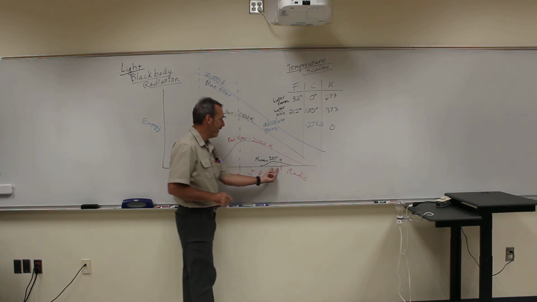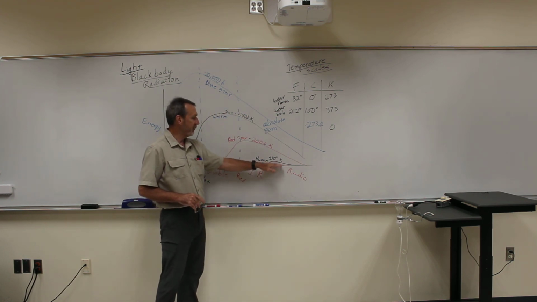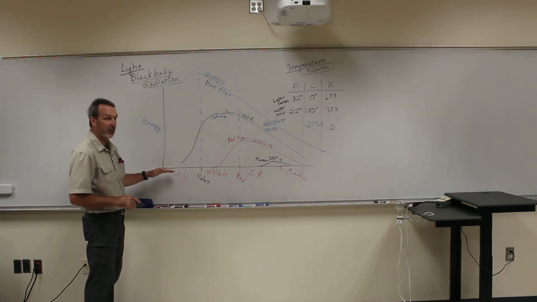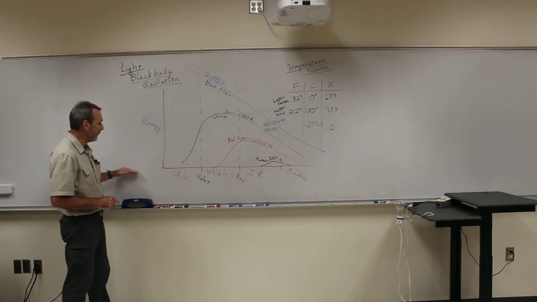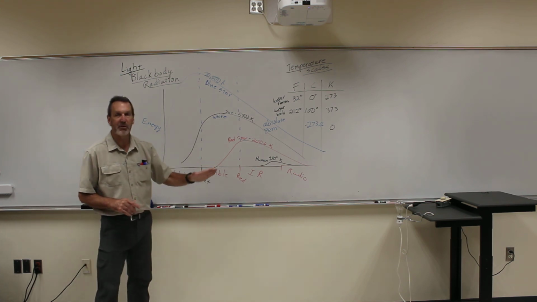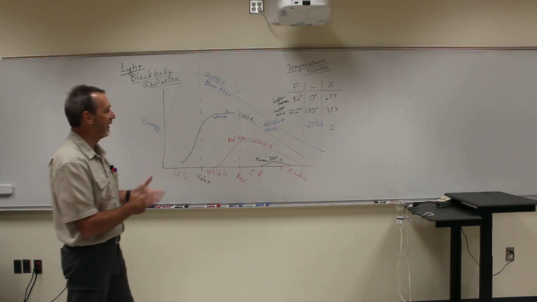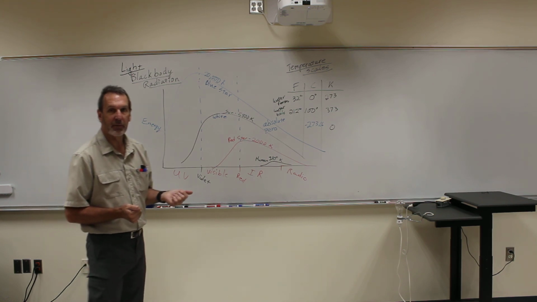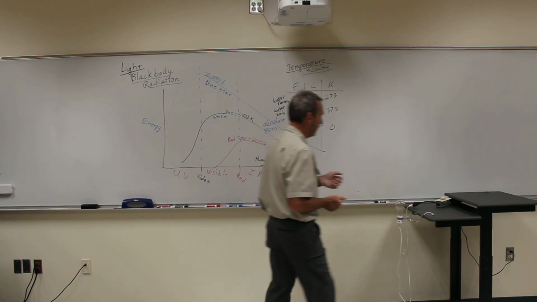As we get hotter, we shift over. So things about 300 degrees, you're in infrared. Thousands of degrees, you get into visible light. You get up to millions of degrees, you get into X-rays. You get up to billions of degrees, you're into gamma rays. So what temperature an object is depends on what wavelength it's going to give off for the most part.